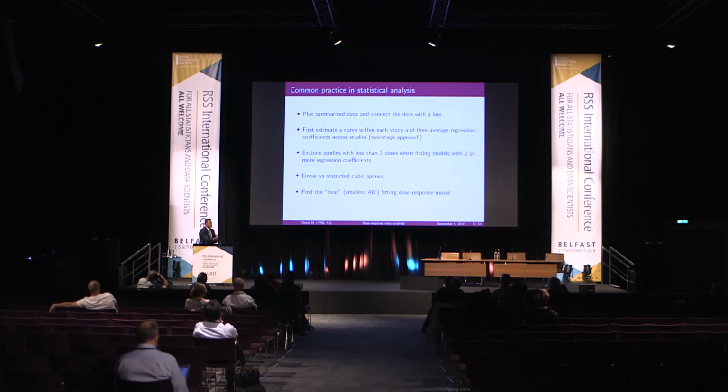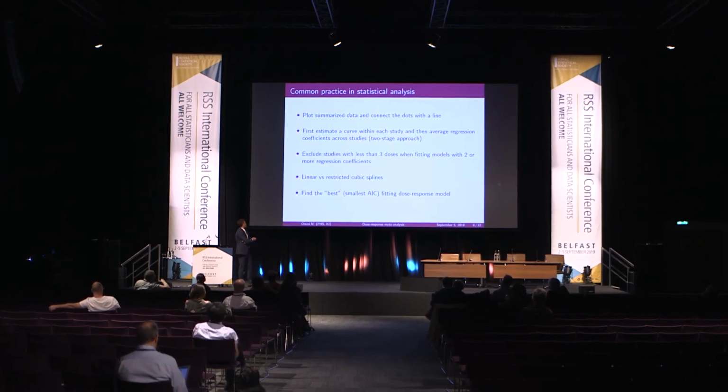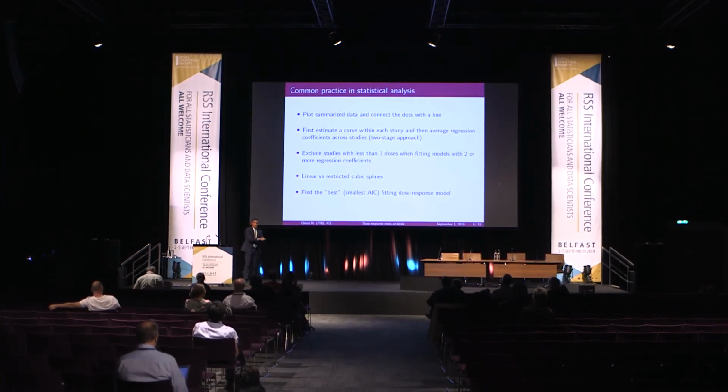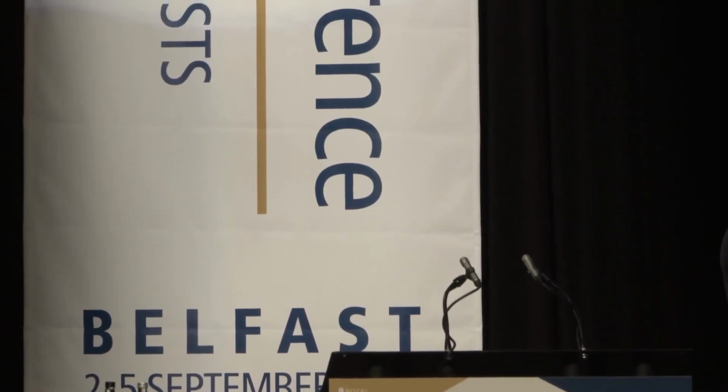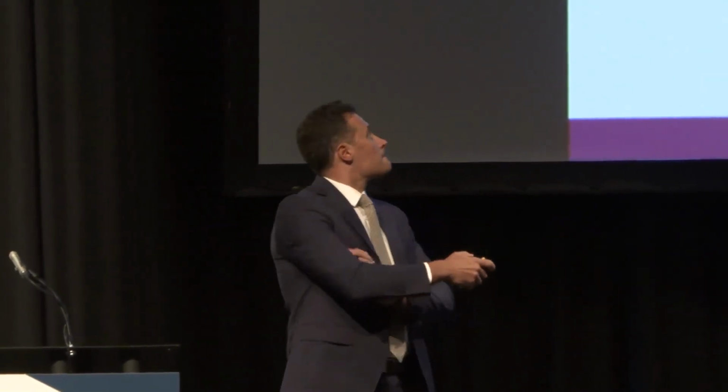And so what is the most common approach to analyze such data? Well, many researchers are just plotting the data. You have those few data points, and then you connect the dots, and you try to guess what is the functional relationship between the dose and the response. And the typical approach is a two-stage approach. So basically, you fit a model within each study, and then you average the regression coefficients.